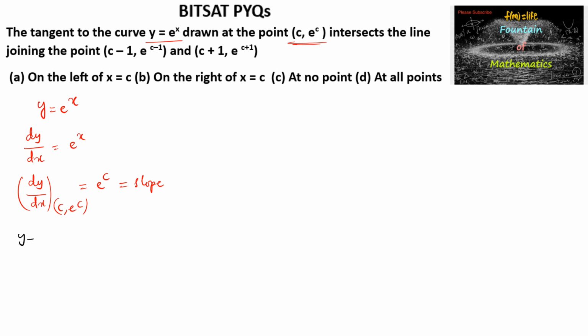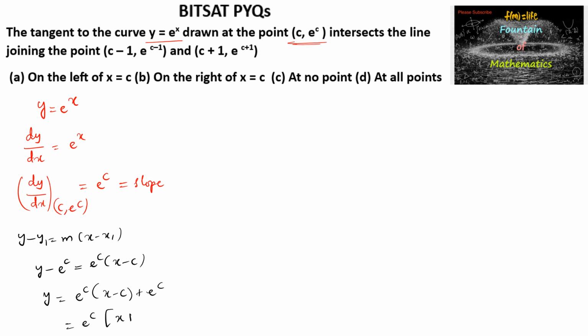So we have y minus y1 is equal to m into x minus x1. So point slope form, let us use it. So we can write y minus e power c is equal to e power c into x minus c, or we can write y is equal to e power c of x minus c plus e power c, or taking e power c common, x plus 1 minus c.